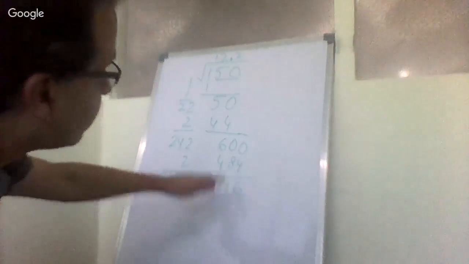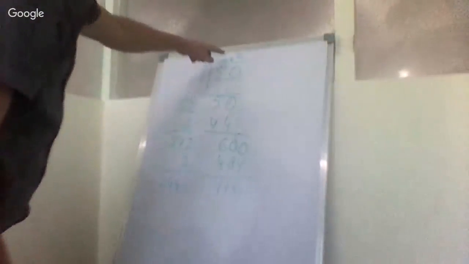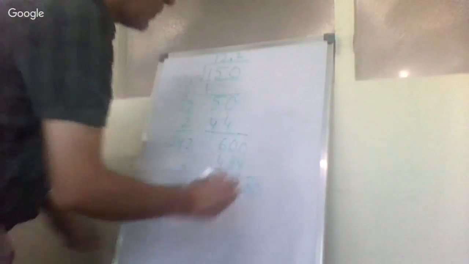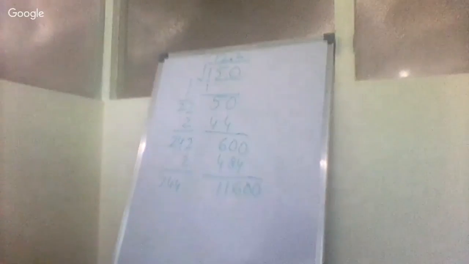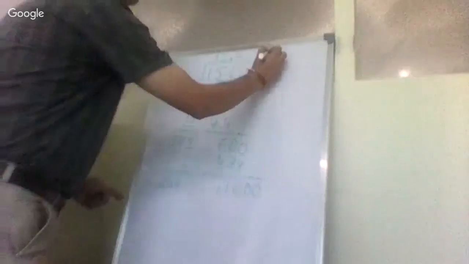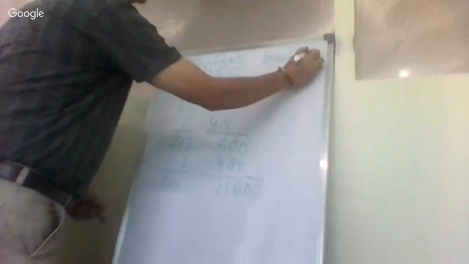Now still, the remainder is not 0. So what we'll do, decimal point is already there. We'll put 2 more zeros. After putting these 2 more zeros, again the same procedure will apply. We'll start with 2441. Multiplied by 1 is 2441. Less than this.